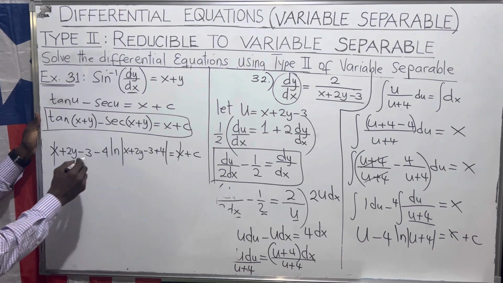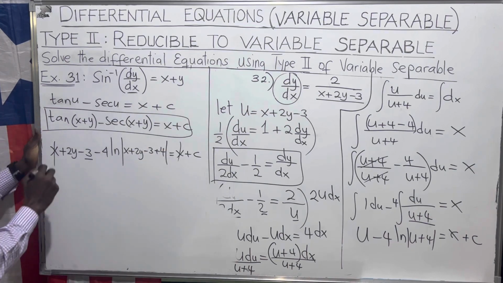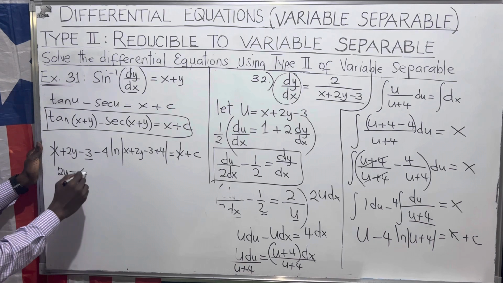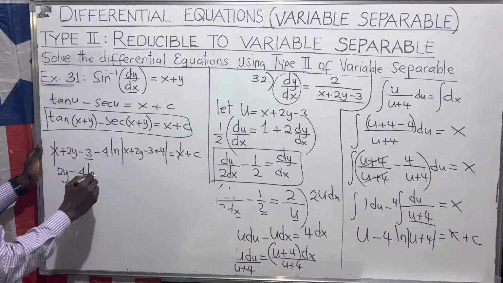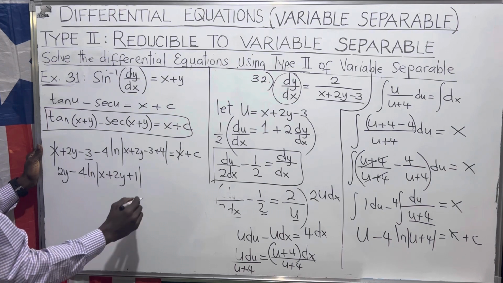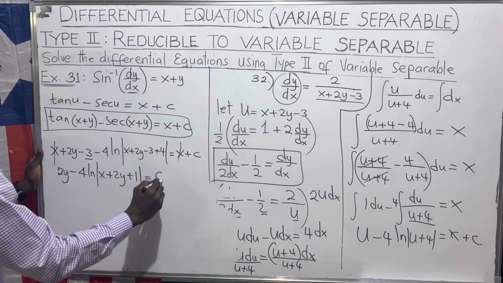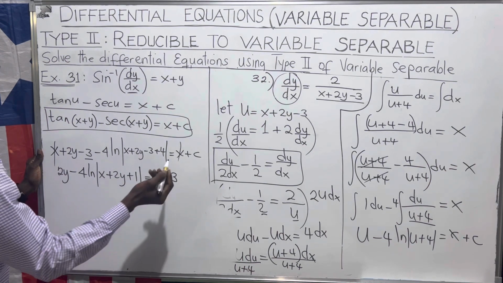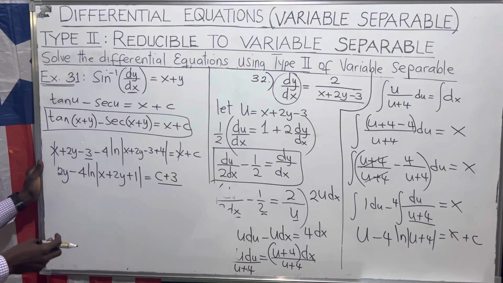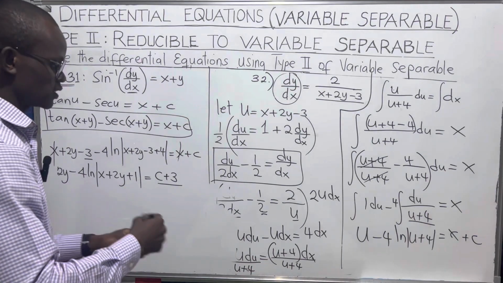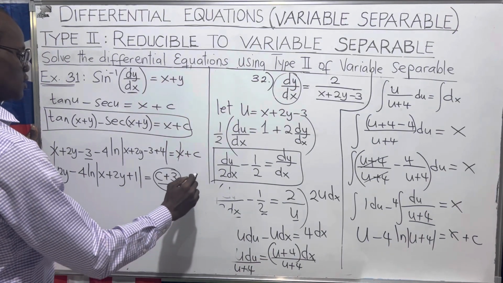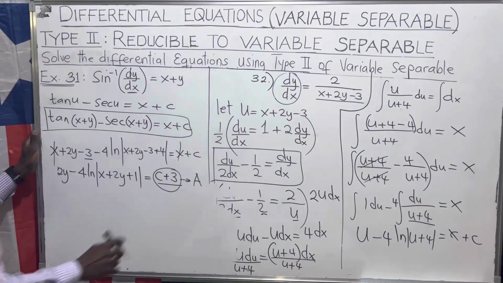This 3 can go across. So you have 2y minus 4 the ln of x plus 2y plus 1 equals c plus 3. Now this c plus 3 is still a constant. It's like saying a constant plus another constant is equal to a constant. So this whole thing will be represented by, say, some a, for example.